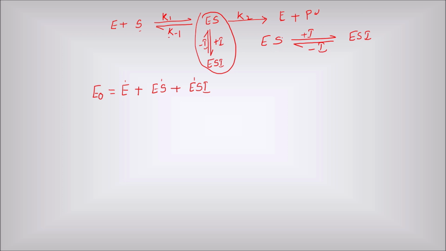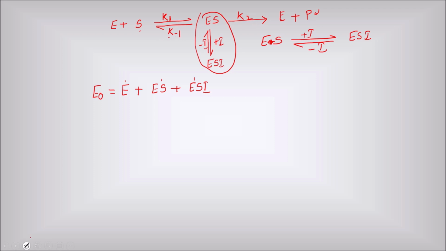In this case also we will have constants, as we have represented here k1 for the forward reaction and k minus 1 for the reverse reaction.